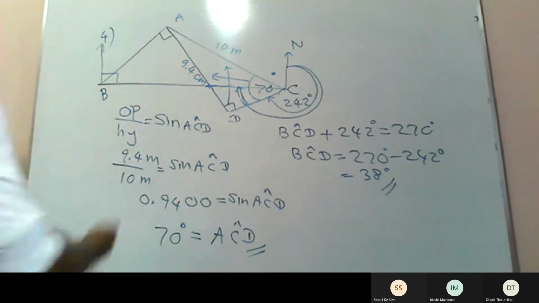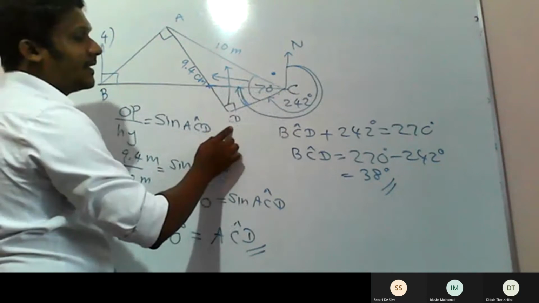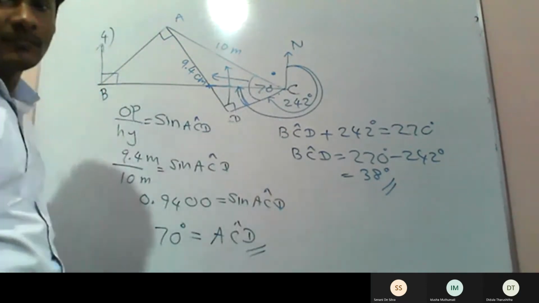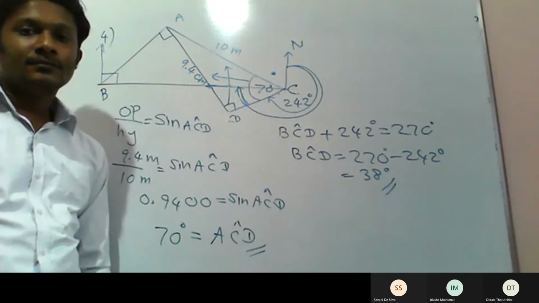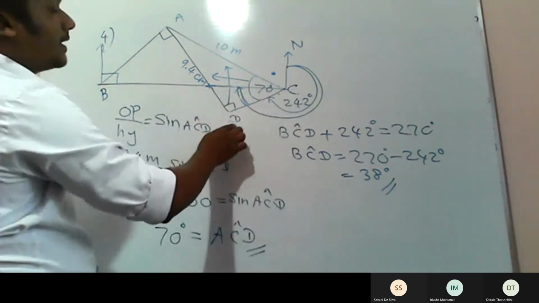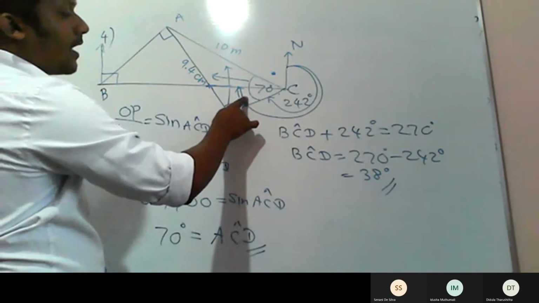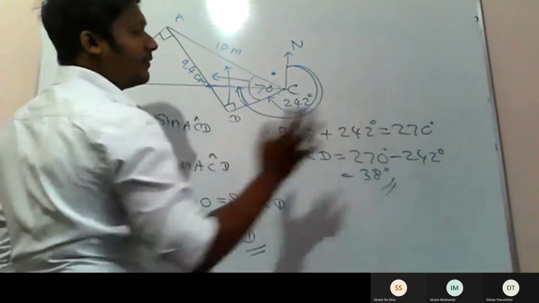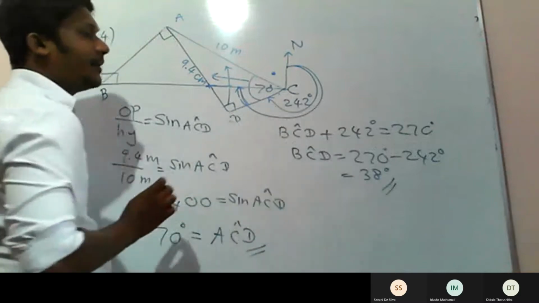Right, BCD angle equals 270 degrees minus 242, 38 degrees.